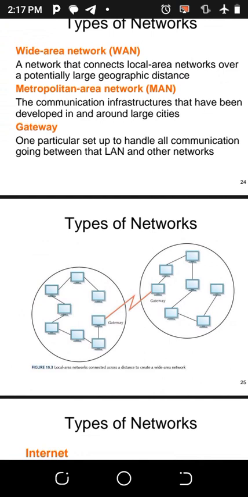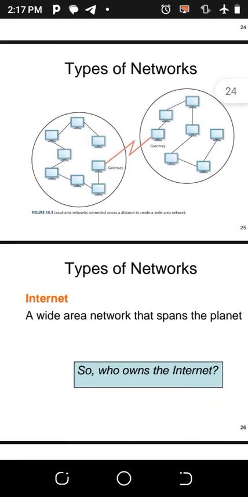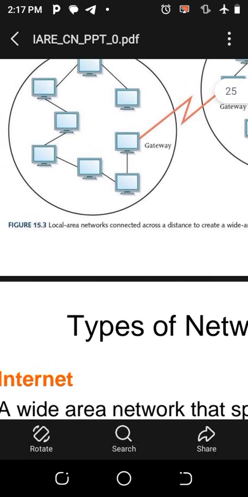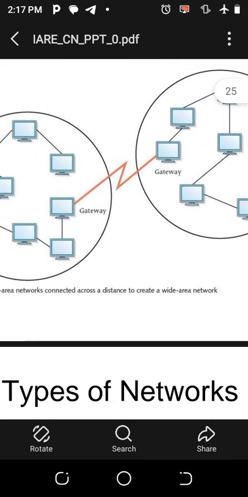And then we have what we call the gateway, which is one particular setup that handles all communication going between the local area network and other networks. Now let's look at this important diagram on the gateway, where we have local area networks connected across a distance to create a wide area network.